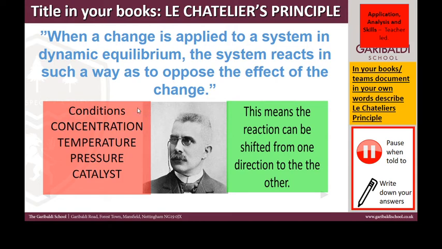You can change the concentration during an experiment or a reaction, the temperature, the pressure, or add a catalyst. Remember, catalysts are something that reduce the activation energy, and they are never, ever used up in a reaction. So you can reuse a catalyst again and again. This means the reaction can be shifted from one direction to the other.